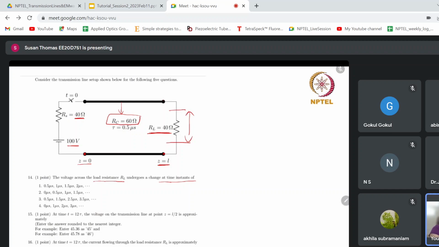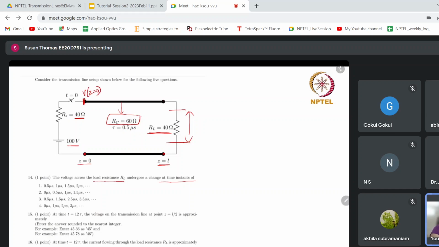So to answer this question, before going to this question in particular, let's have a look at how we do the voltage bounce diagram of this. So, given a source voltage of 100 volt and a source resistance of 40 ohm and a characteristic resistance of 60 ohm, can we just calculate the voltage at z equal to 0?